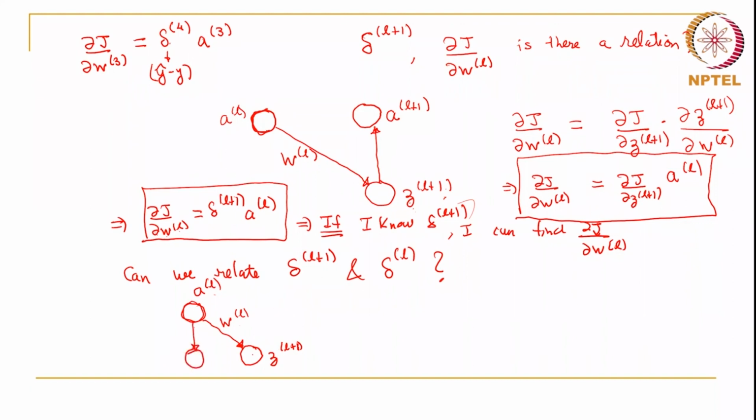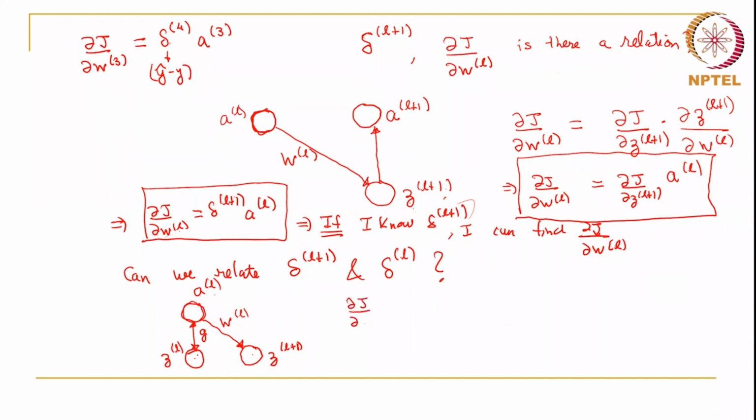What about this? What's the relationship? What sits here? ZL. And what do you have to do to ZL to get to AL? G of Z. Yeah, so you have to put a non-linearity here. Okay. So now based on this, we can simply write this relationship.